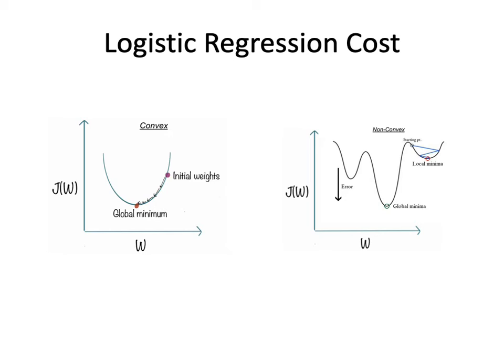We can see here that if we square the result of the sigmoid function, it looks like this, with lots of local minimums. If our cost function has many local minimums, then gradient descent may not find the optimal global minimum. As we can see in the figure, there are two local minima and one global minimum, and when we perform gradient descent, it may get stopped at a local minimum instead of reaching the global minimum.